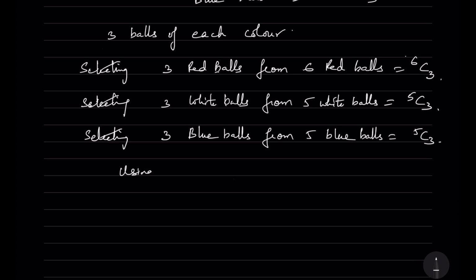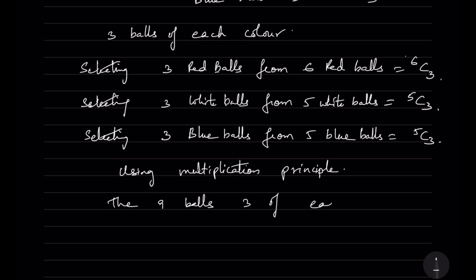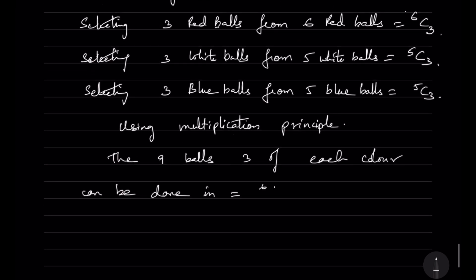Using the multiplication principle, the 9 balls, 3 of each color, can be done in how many ways? We'll see. It is 6C3 into 5C3 into 5C3.